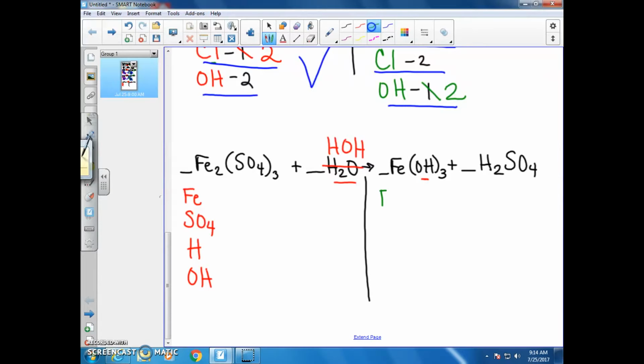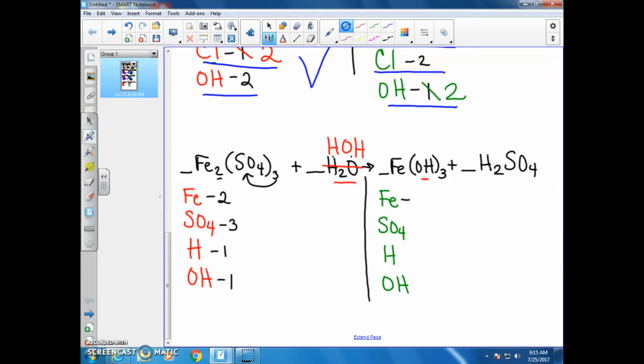On the product side, I have an Fe, I have an SO4, I have an H, and I have OH. So let's get some numbers. I have 2 Fe. I have 3 times this whole thing, so that gives me 3 SO4s. I have 1 H and 1 OH.